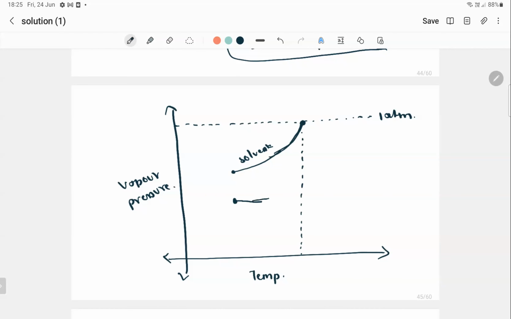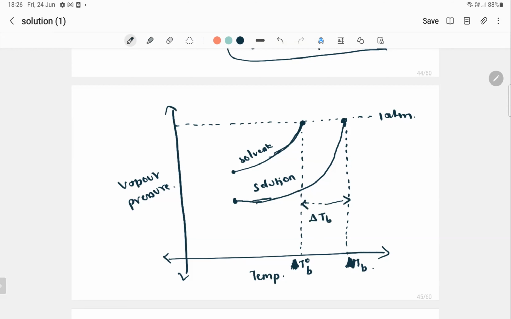The graph goes in this way, with more temperature. This is your solution. Here, the pure solvent has T0B, and when it is solution there is delta TB. Sorry, this is TB, delta TB.